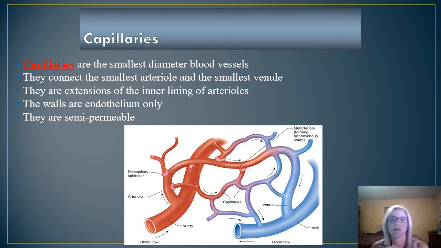They're made of endothelium only, and they are semi-permeable, which allows exchange to occur of substances between blood and tissues. So that's very important. And you can see these capillaries here. They're highlighted in purple because this is where the exchange of oxygen and carbon dioxide occur. So this is where we change over from oxygenated to deoxygenated blood and vice versa.